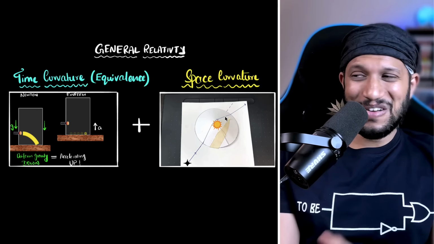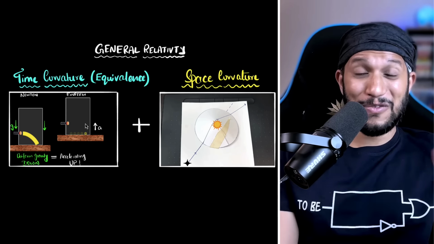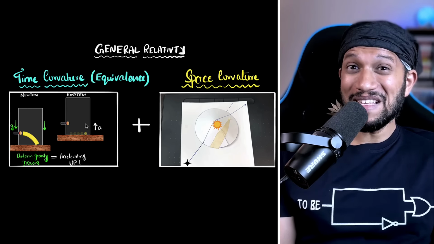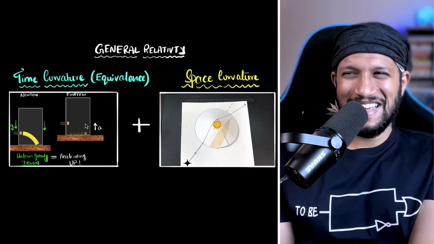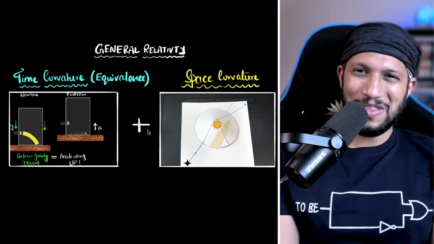And so the actual deflection of light will be more than what you see in this model because we have to also consider the time curvature. So because we have space-time curvature, finally, that's why light deflection will be more. We have to add both the deflections.